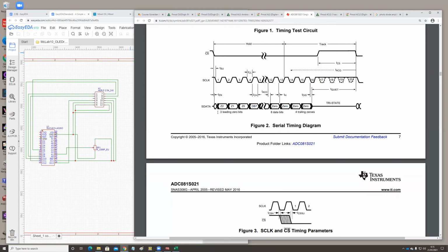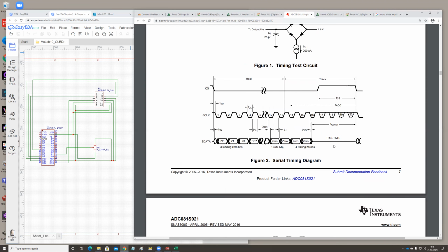First come the leading zeros, then in the end the trailing zeros, and the 8 bits are in the middle. So we need to sort that out in our code, taking 4 bits from one 8-bit data and 4 bits from the other 8-bit data. We will have a look later on how this is done in the code.